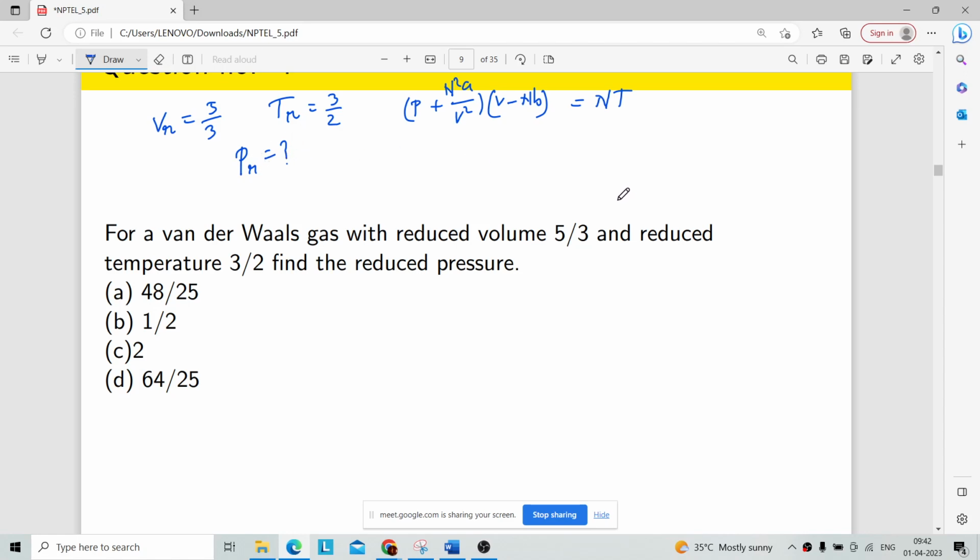These are coefficients relative to the critical volume, critical temperature, and critical pressure. Like we define VR as total volume divided by the critical volume. Similarly, we define TR as total temperature divided by the critical temperature. Similarly for pressure also.